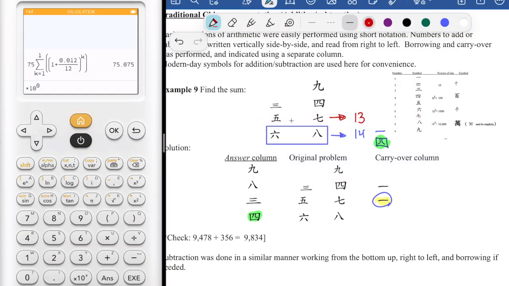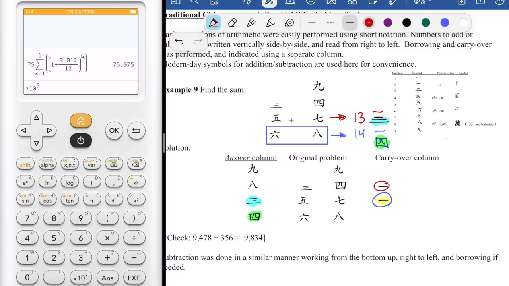My symbol for 13 would be a single line and a 3. Just be careful the way you draw it, but that's what we're looking at. This corresponds with this, and I still have a leftover 1, so that's going to go in my carryover column.